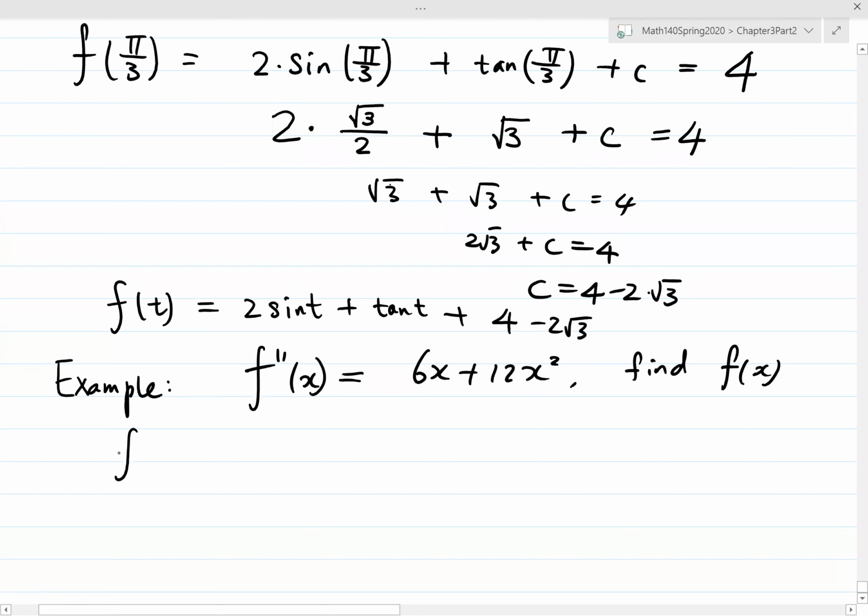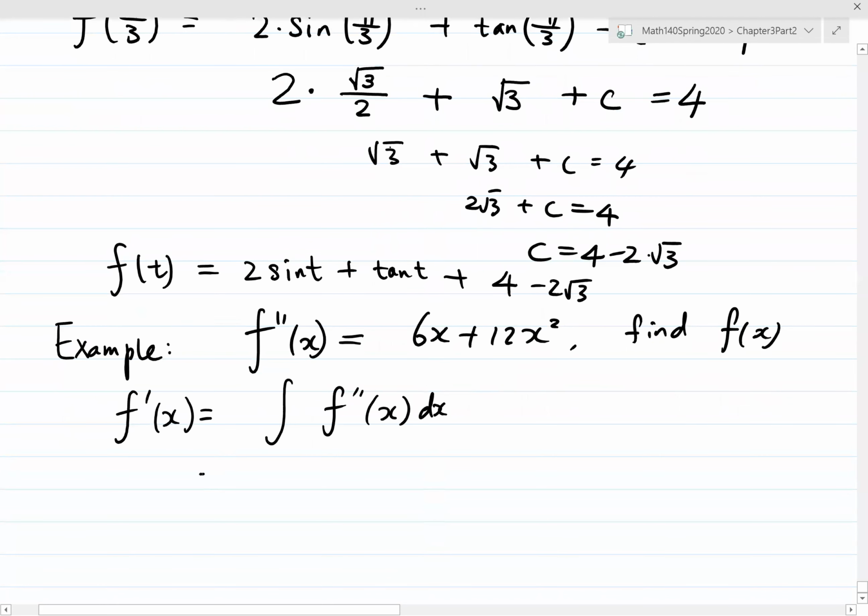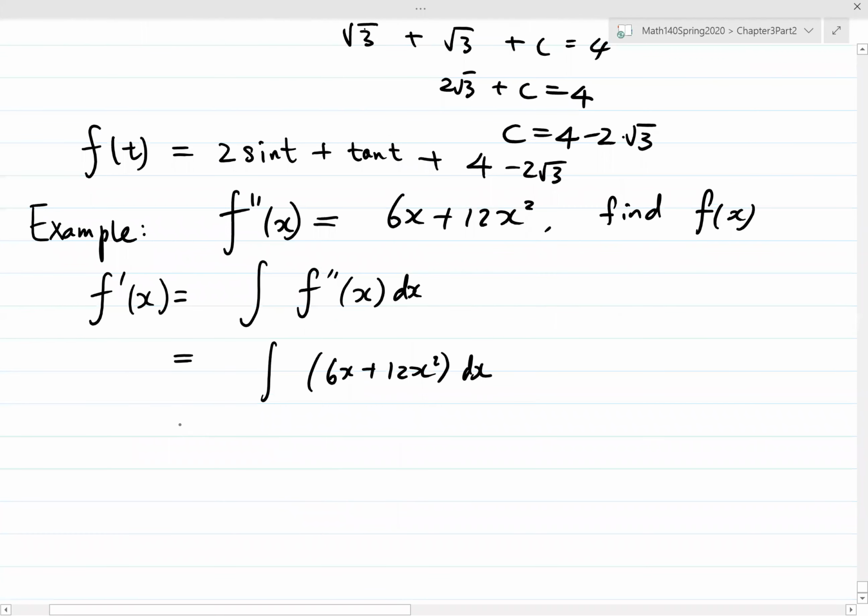So the first derivative is we do antiderivative one time. The second derivative's antiderivative is the first derivative. So this will be the integral of 6x plus 12x squared dx. Okay, distribute, or you use the power rule directly. So distribute: 6x dx plus 12x squared dx.